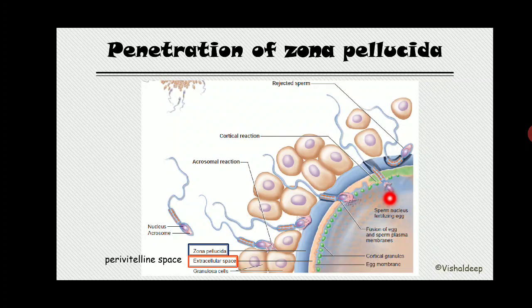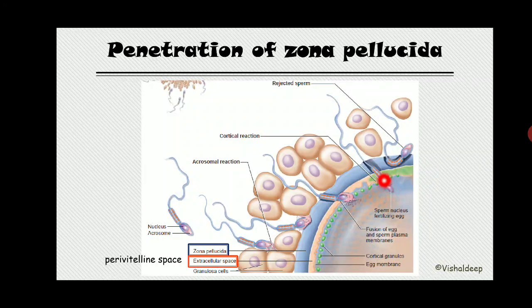The cytoplasm of the ovum or the oocyte is known as ooplasm, and the sperm tail will disappear. Once the head enters the ooplasm, the nucleus that is present over the top of the head becomes decondensed. Got it?